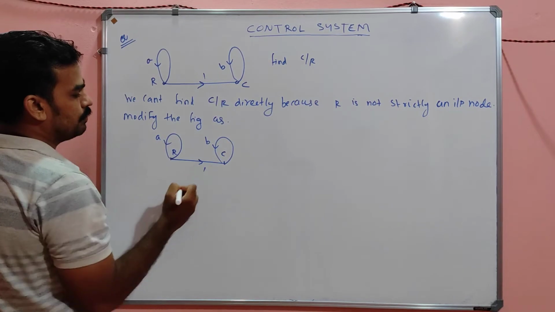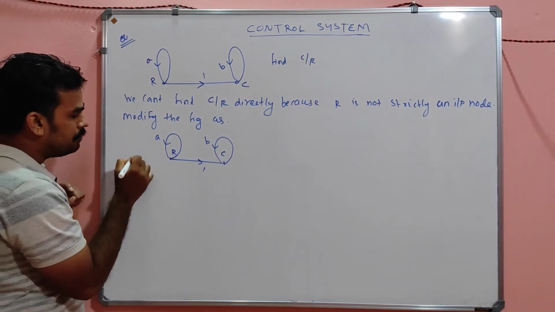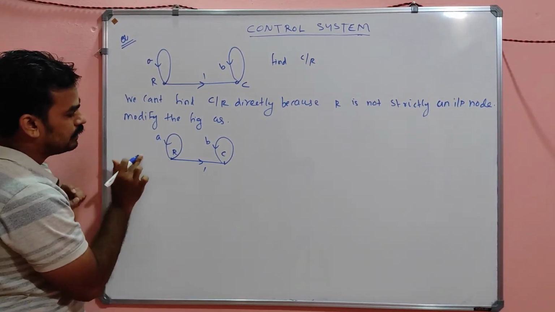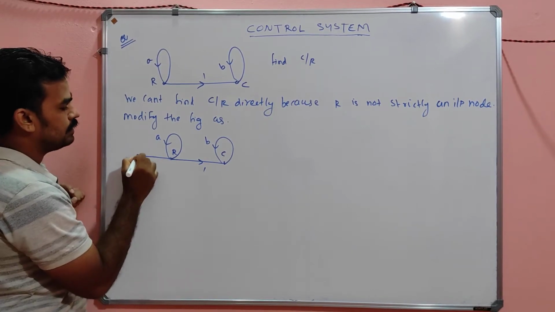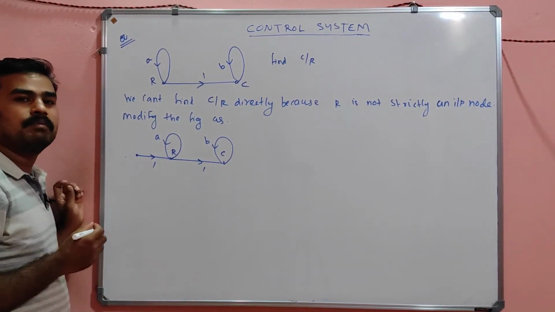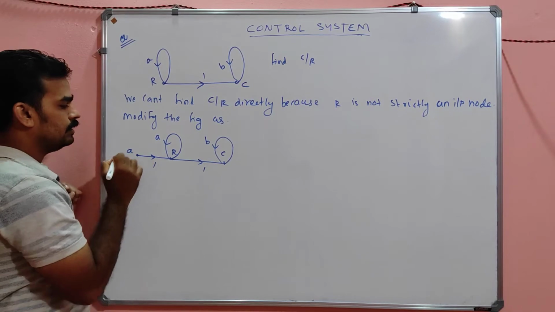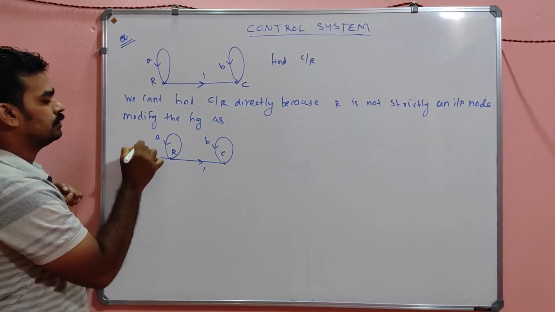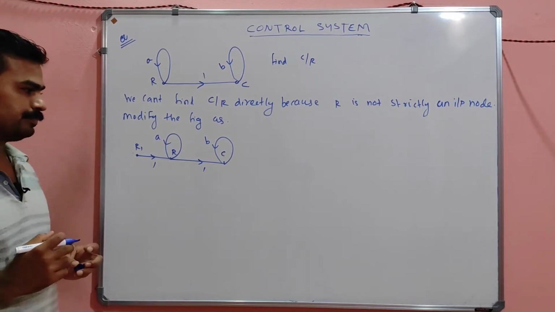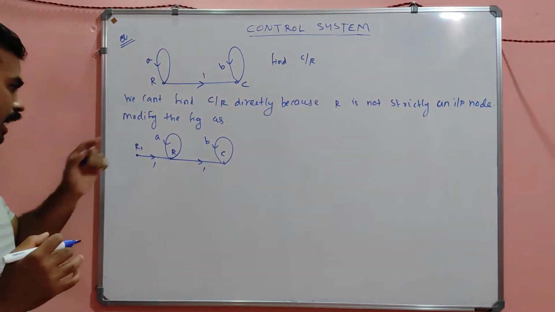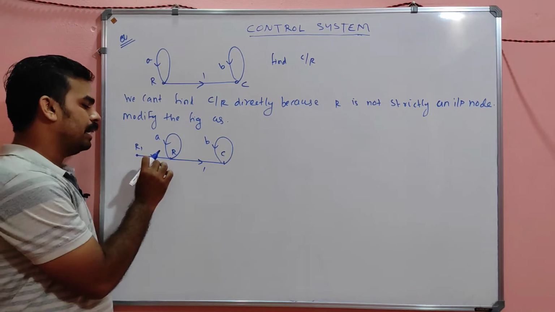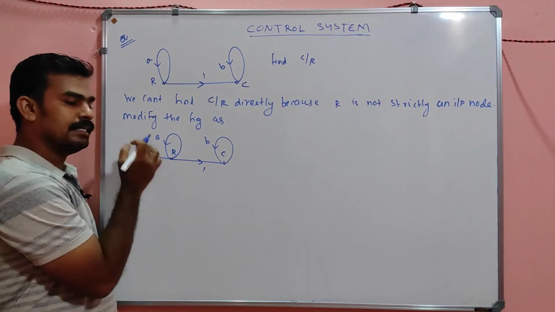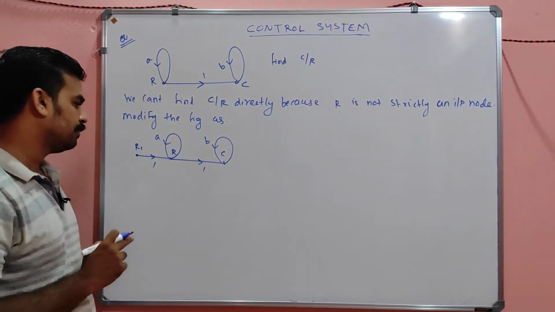Consider a dummy node like this, and its gain will be unity. Let that be R dash, or simply R1. Consider a dummy node R1 having a gain of unity from R1 to R.